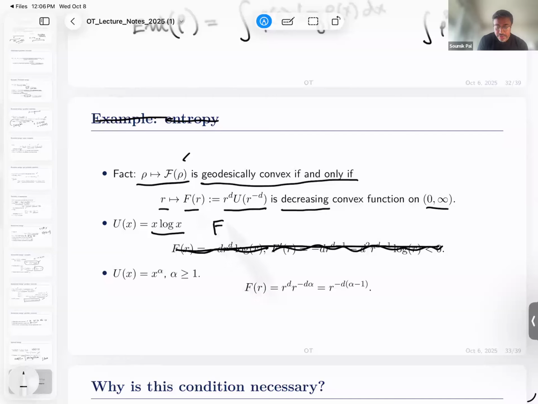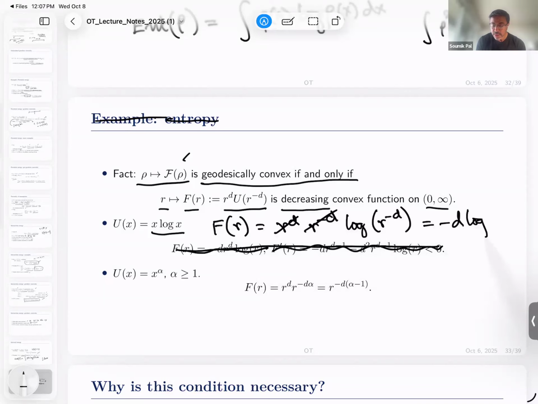So what is f of r? So r to the power d, and then r to the power minus d will go here. So that will be r to the power minus d, and then this is log of r to the power minus d. So r to the power d and r to the power minus d cancel out, and I get minus d log r.